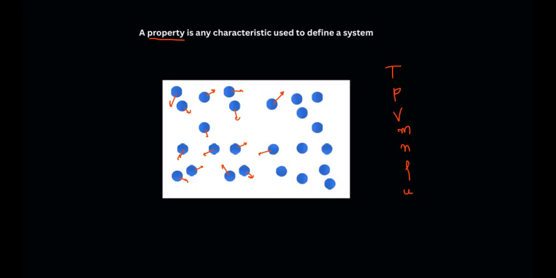Now, if I divide this box into two parts, what do you think will happen to temperature? The temperature will remain the same. If you know what temperature is, it is because of the vibration of the molecules, the energy possessed by the molecules because of its vibration, which is also known as the sensible energy.